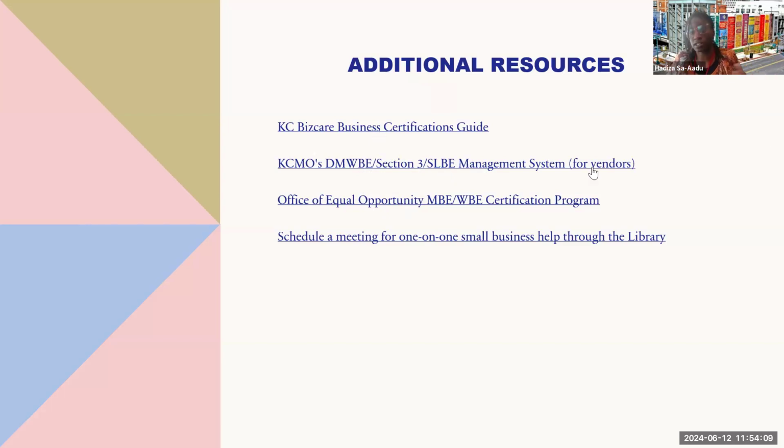This is for vendors to take a look at what the opportunities are that are available. Then, as far as getting certified as a minority-owned or women-owned business, MBE or WBE, the Office of Equal Opportunity in Kansas City has a certification program and a lot of additional resources to help you through that process.